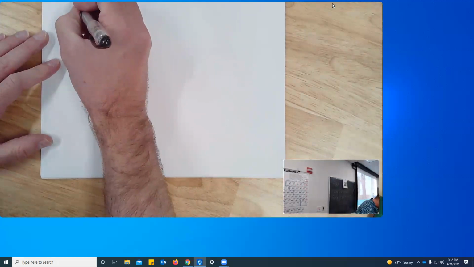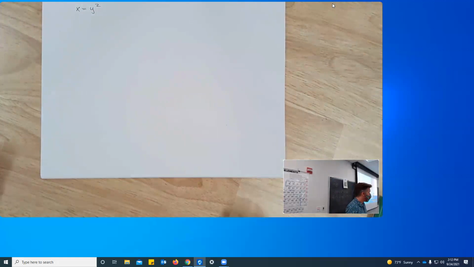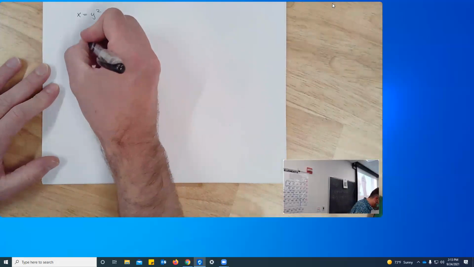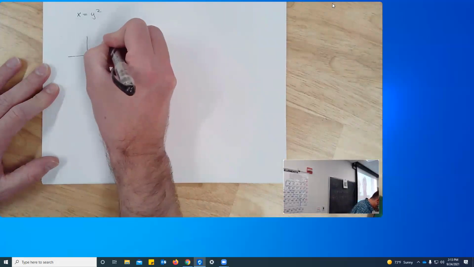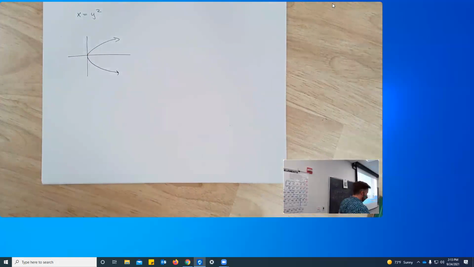Is x equal to y squared a function? Well, in our context, no, it's not. If we draw it, it looks like this. I'm not anti-plotting points, but I'm just trying to get a general idea of the graph.